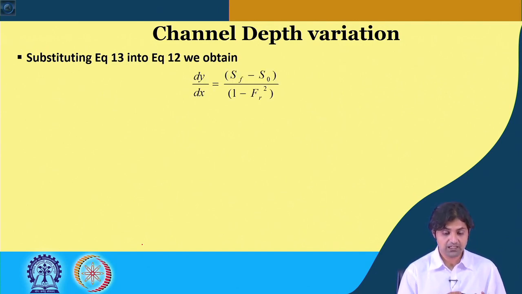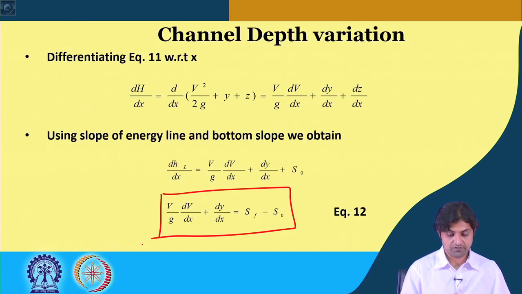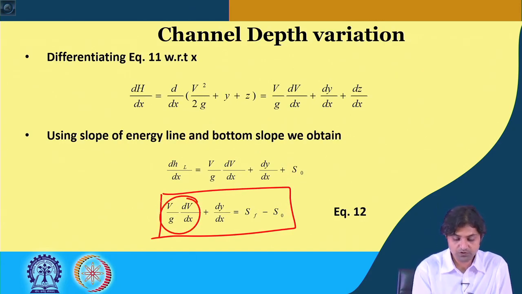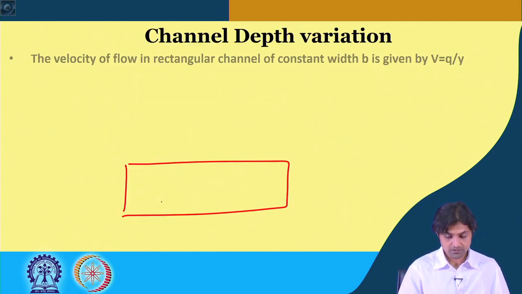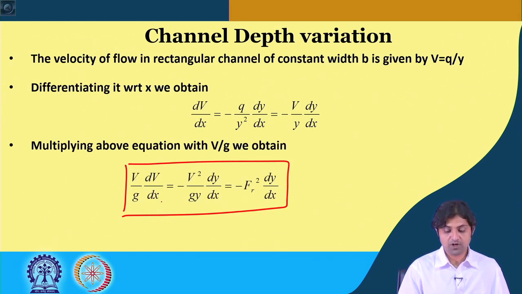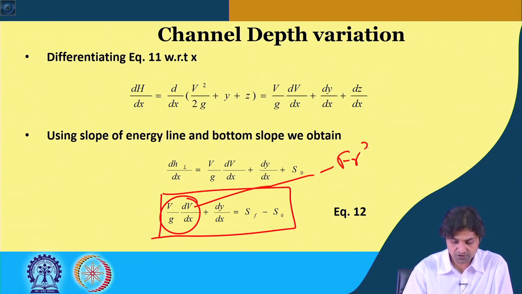In equation 12, v by g into dv by dx is equal to minus Froude number square into dy by dx, which we already know.